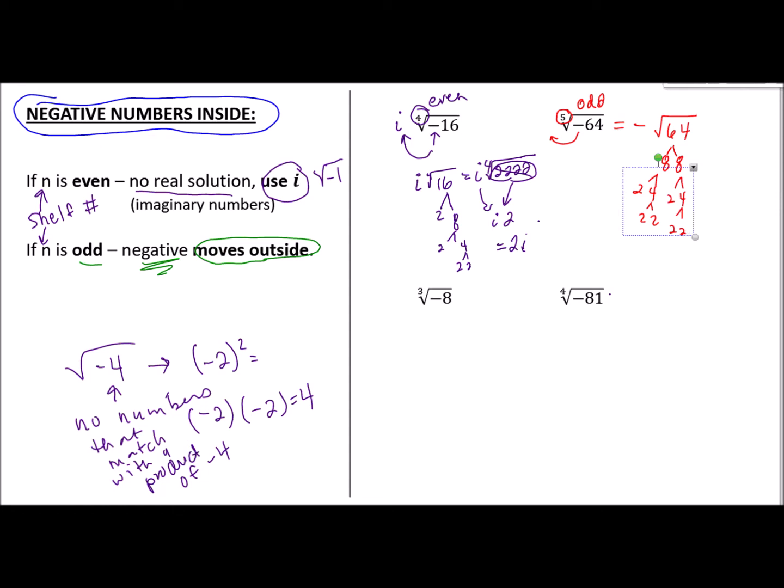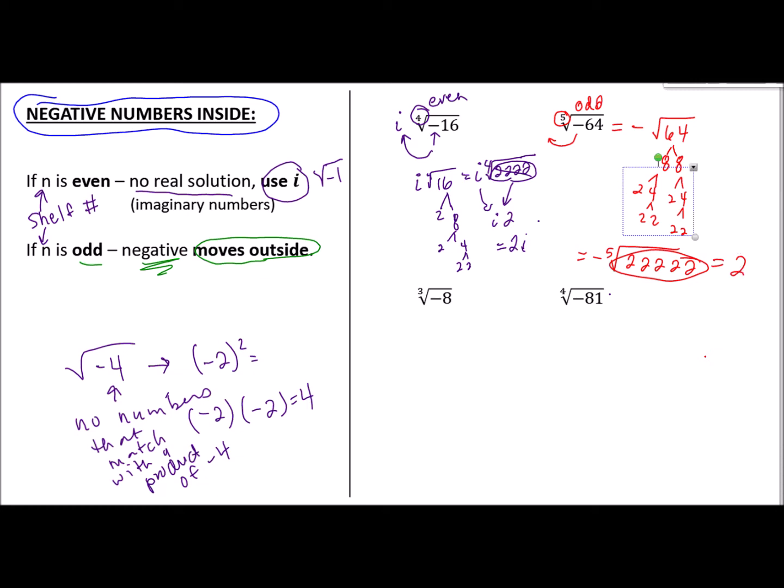Okay, here we go. So this is going to be negative fifth root of 2, 2, 2, 2, 2. Looks like we got a root 2.